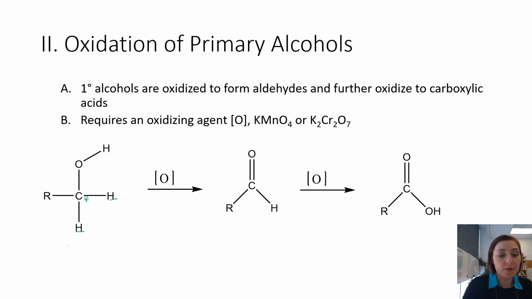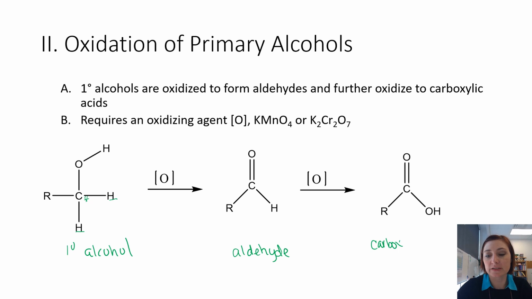So we will start with our primary alcohol. After the first oxidation, we will get an aldehyde. And after our second oxidation, we will get a carboxylic acid. All right, so you're going to have an oxidizing agent for this. We could use potassium permanganate, or I just like to use the O over the arrow. We won't talk about specific oxidizing agents.